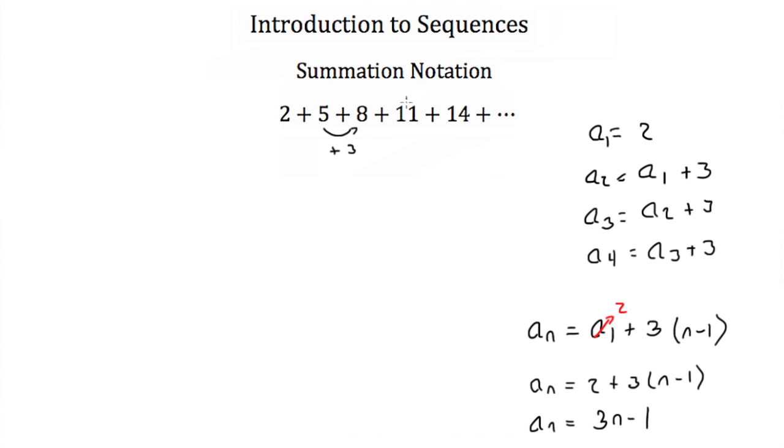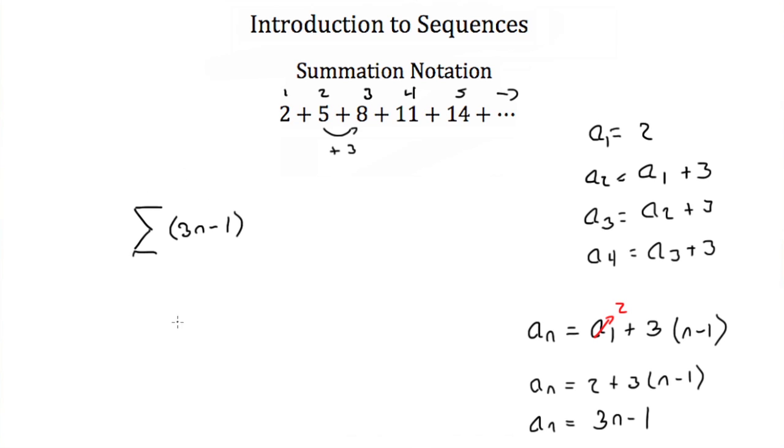So if I'm trying to write this series in summation notation, I put my big sigma sign, and next to it I put my explicit formula, which would be 3n minus 1. Now remember that this is term 1, 2, 3, 4, and 5, and then this sequence goes on forever.